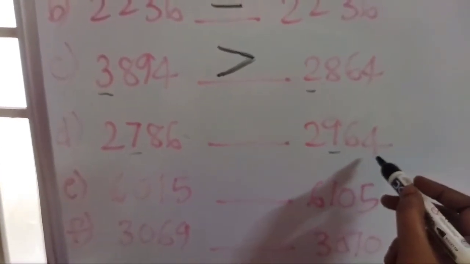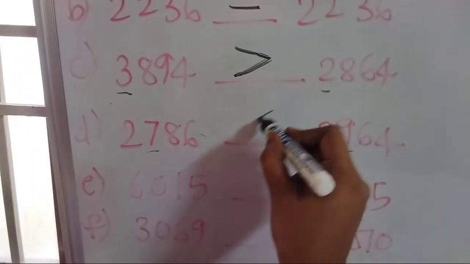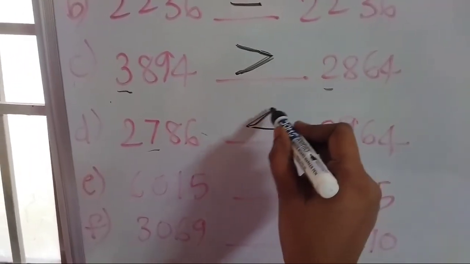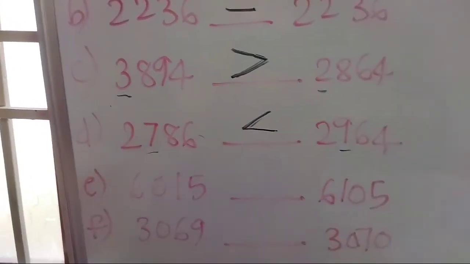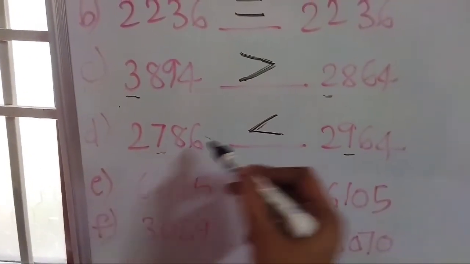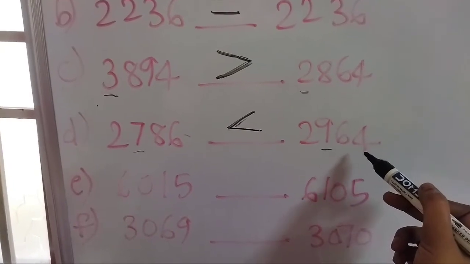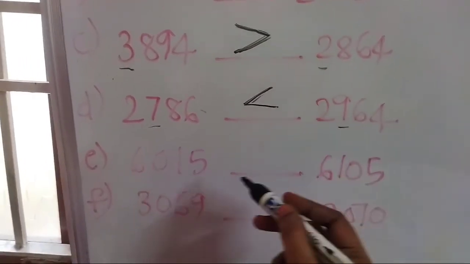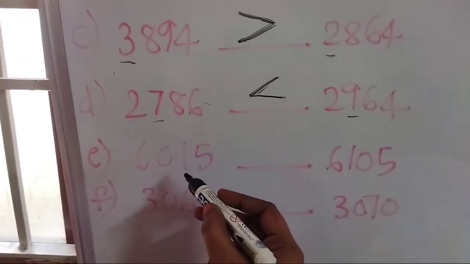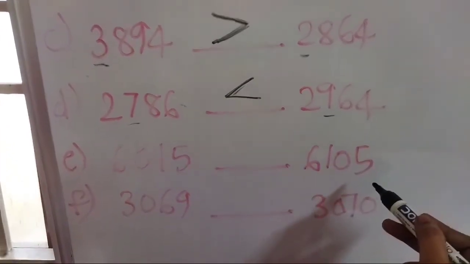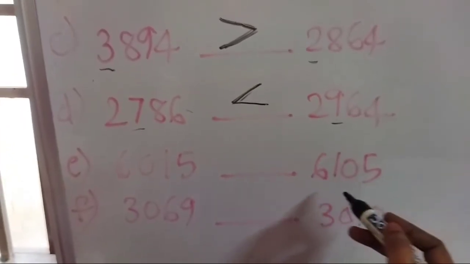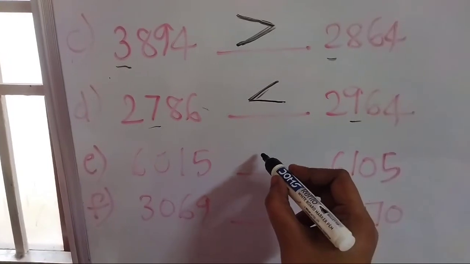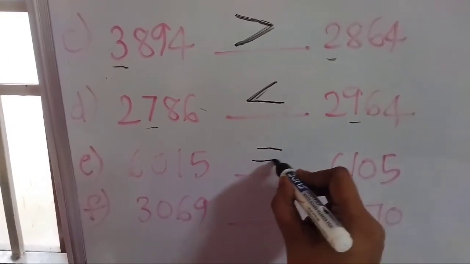So the second number is the biggest number. So which symbol is there? Less than symbol is there. The first number is smallest, the second number is biggest. See the next numbers, 6,015 and the second number is 6,050. Which symbol is there?